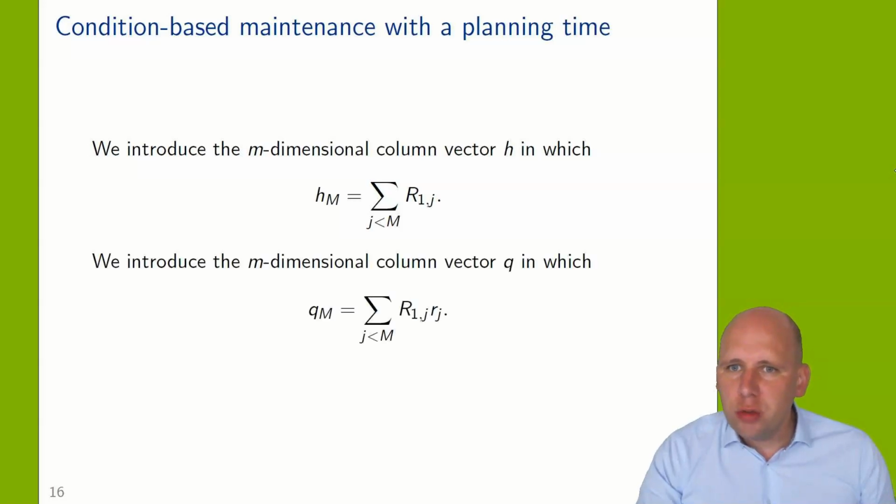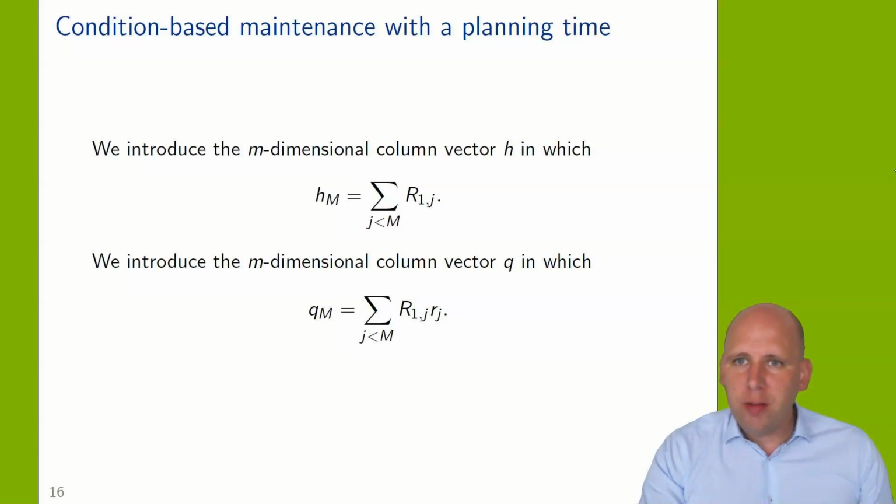We also introduce the factor Q, with for each M the probability of a sudden failure before preventive maintenance has been planned. So we have the probability of a transition from a state below M to the failed state, and this was the total probability of failure in our initial model. It's now the probability of a sudden failure.